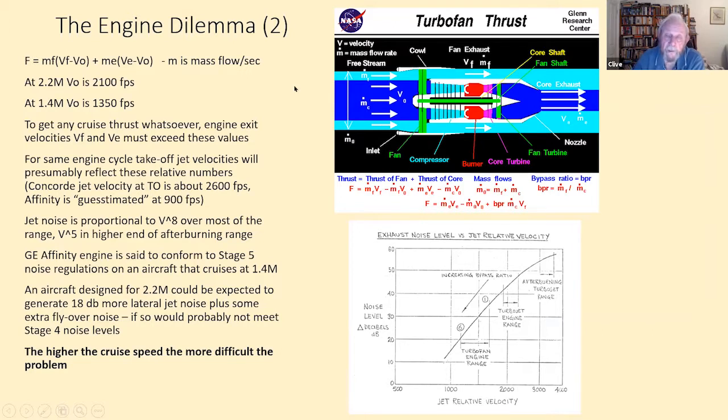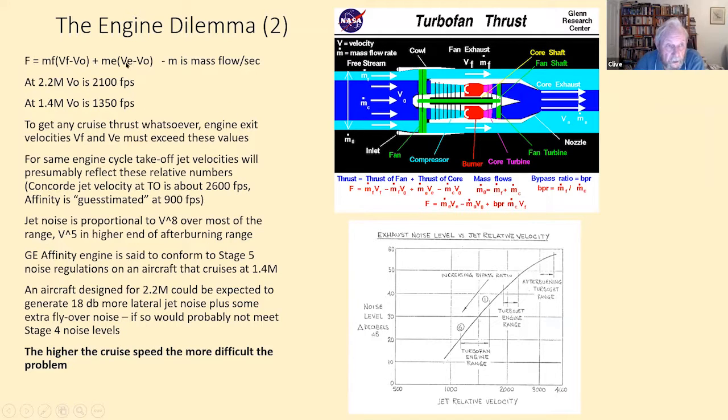The other point that worries me is similar. If you take a bypass engine, the thrust you get is the mass flow through the fan times the difference between the fan exit velocity and the entry velocity, plus the core flow times the same thing. Now, at Mach 2.2, which is where they're talking flying, V0 is 2100 feet a second. At 1.4, it's 1350.